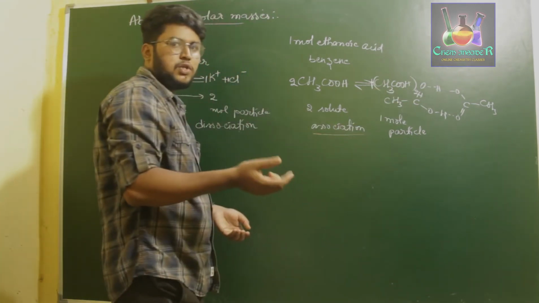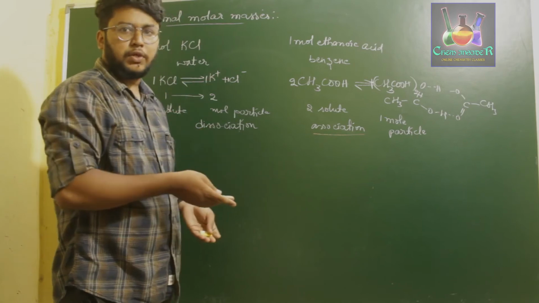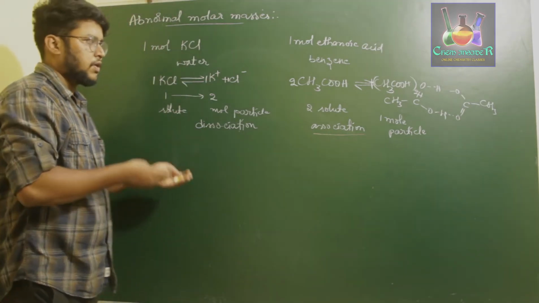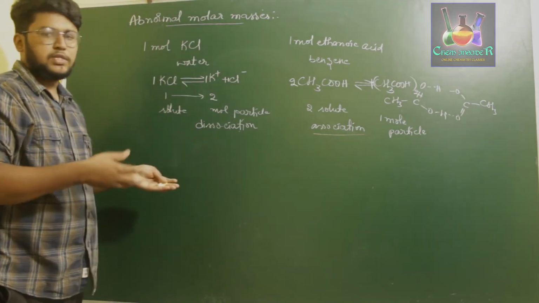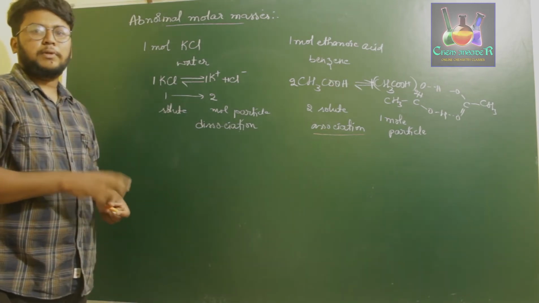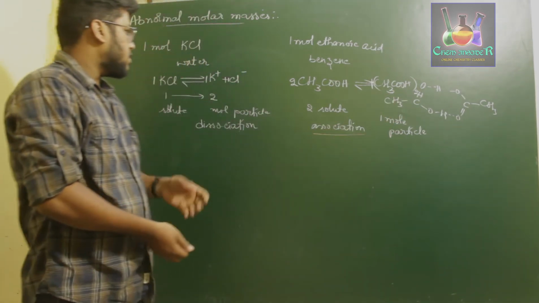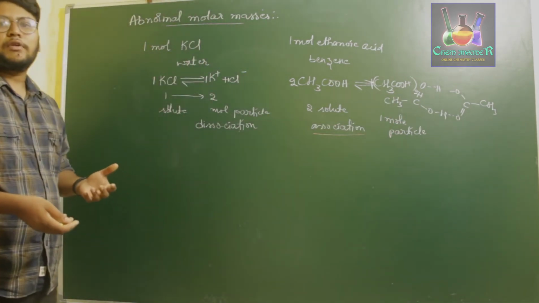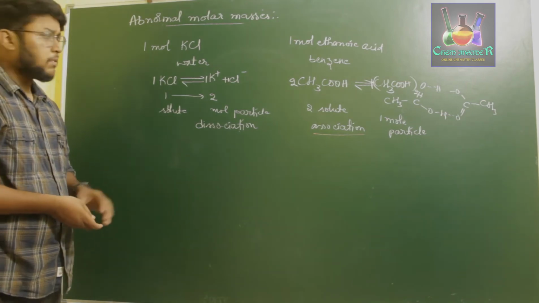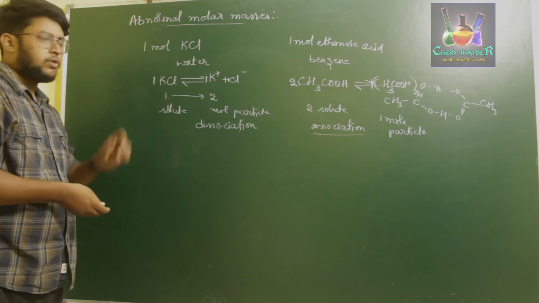For 1 mole of ethanoic acid the molecular mass is around 76, but the calculated mass will be double that because we have a dimer. We expect 2 molecules but only get 1 molar mass.